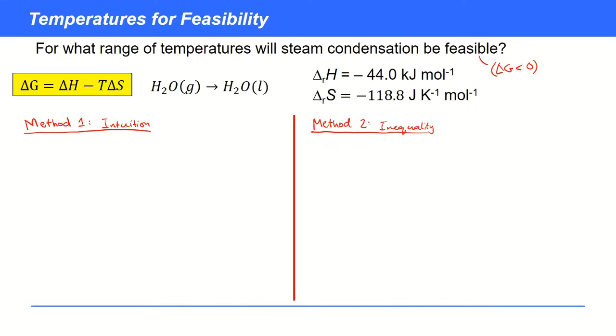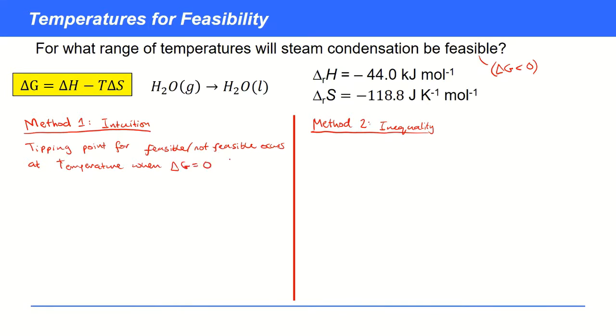So first, method 1, intuition. The condition for feasibility is delta G is less than 0. So there's going to be a tipping point for feasible or not feasible, and it occurs at a temperature when delta G is equal to 0.